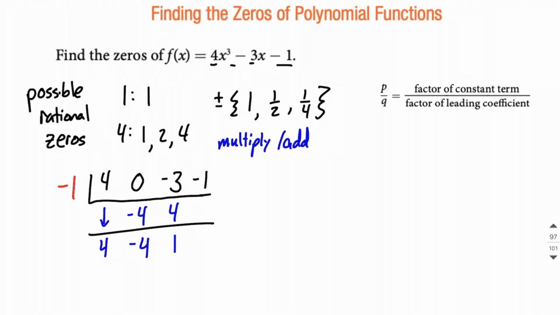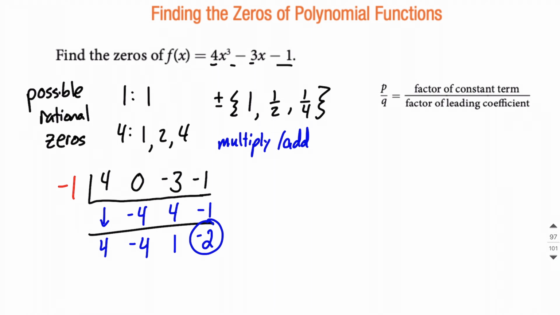Multiply -1 times +1 makes -1. Now we add vertically, -1 plus -1 is -2. That's not what we're looking for, right? What we're looking for is that last value to be a 0, because that means that the remainder is going to be a 0.